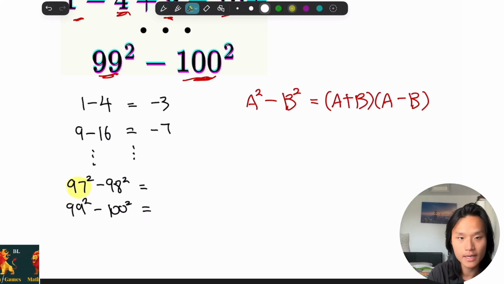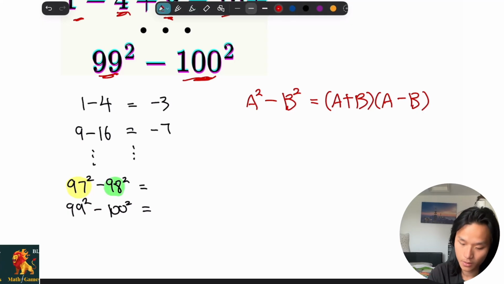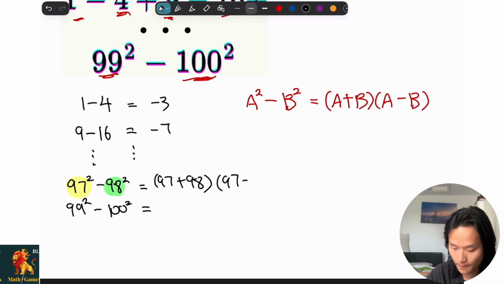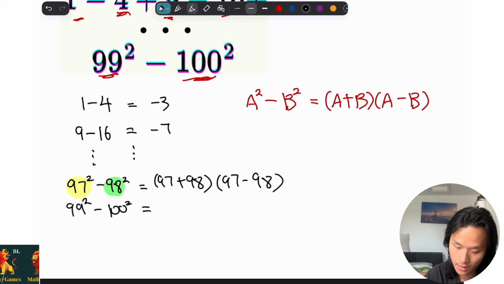So in here, 97 is our a, and then 98 is our b. So we write 97 plus 98, and then 97 minus 98.